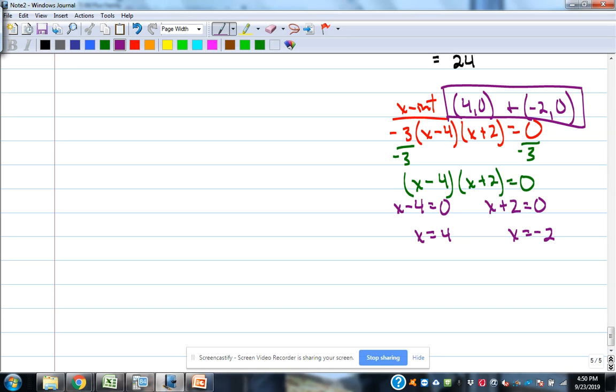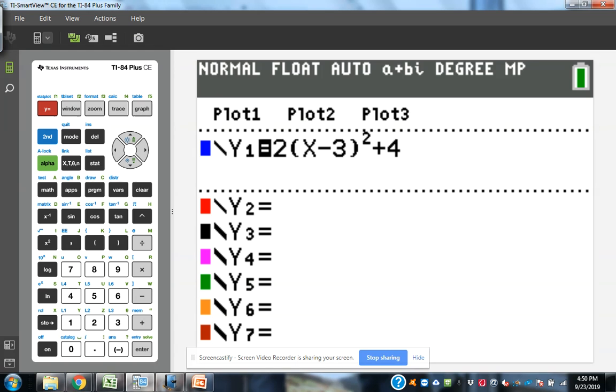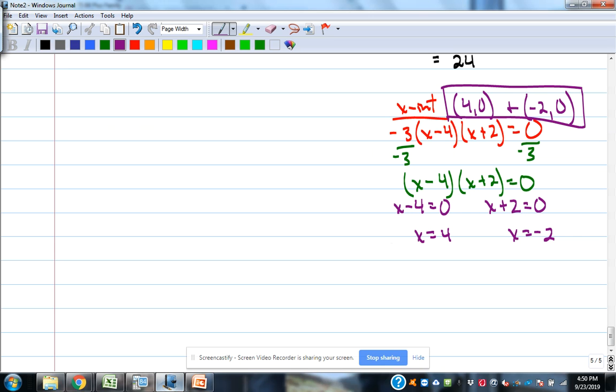I can verify that by looking at the graph of this thing. Y equals, I'm just going to type in -3 parentheses x minus 4 close parentheses, another set of parentheses, x plus 2. Hit graph. And I see that thing crossing the x-axis here at +4 and -2. I type the right problem in.